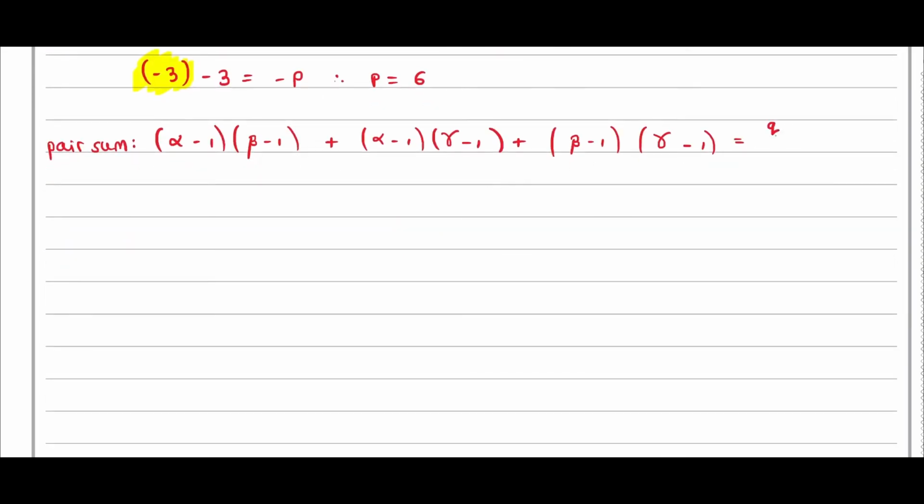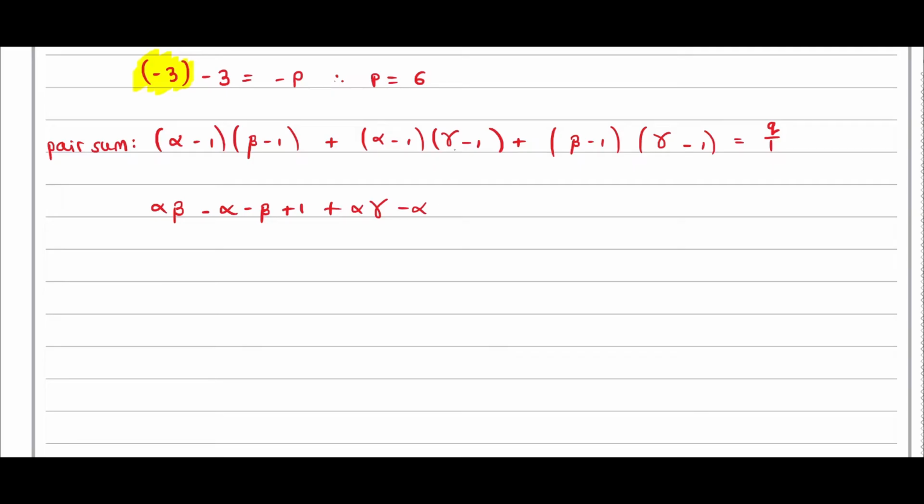Okay? So, if we expand all this out and simplify, alpha times by beta, we have alpha beta. Alpha times by minus 1, that's minus alpha. Minus 1 times by beta, that's minus beta. Minus 1 times by minus 1, that's 1. Alpha times by gamma, that's alpha gamma. Alpha times by minus 1, that's minus alpha.